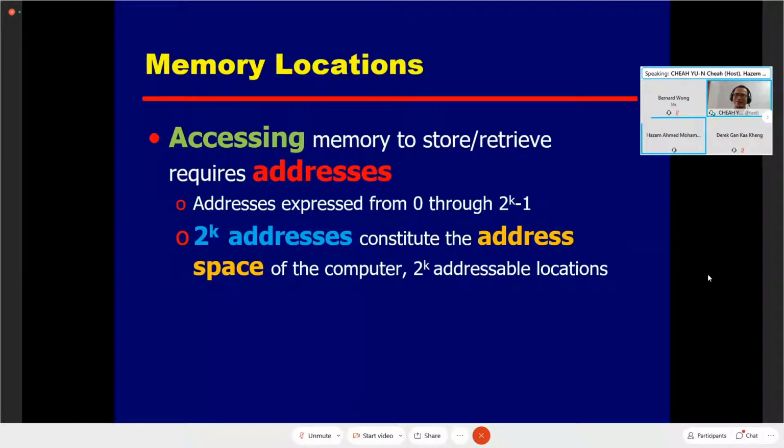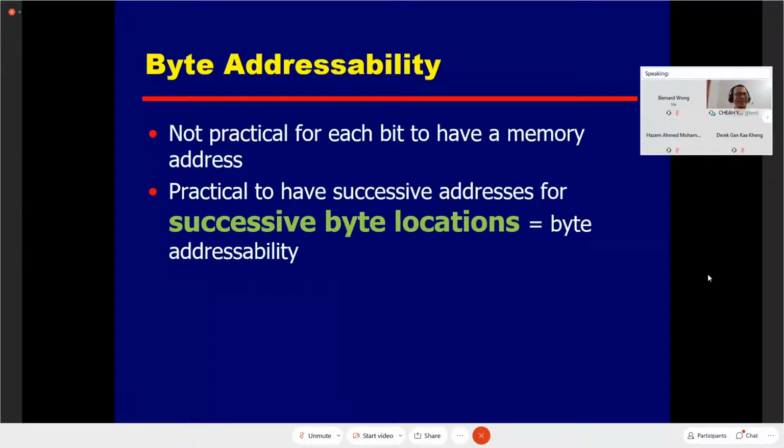Okay, the other thing I will talk about here is byte addressability. This is also complicated. Now, you not only address the word, but you can address the bytes of the word. It's not practical to address each bit, obviously.